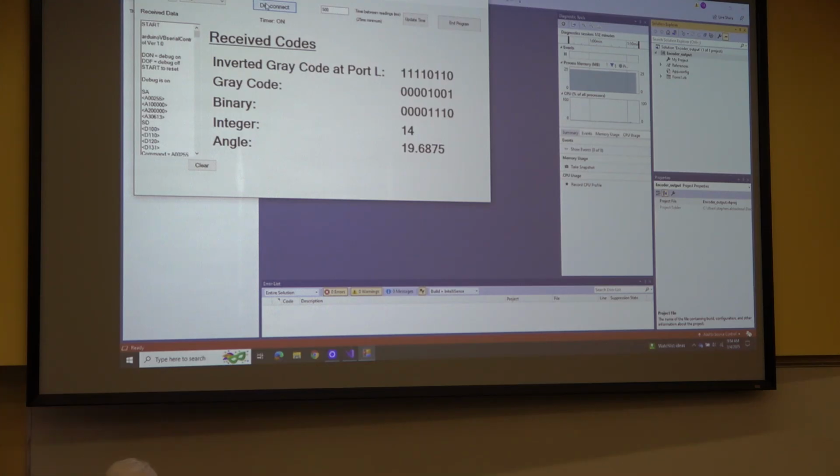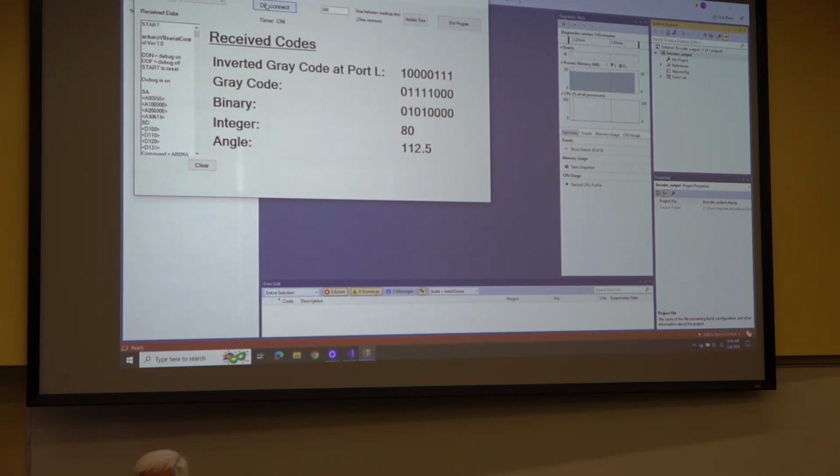So this is an 8-bit encoder, which means there are 2 to the 8th power divisions in this encoder. That means it's dividing up the circle into 256 individual pie wedges. And to get that data out, I had to take 8 data lines out for the 8 bits of the encoder.